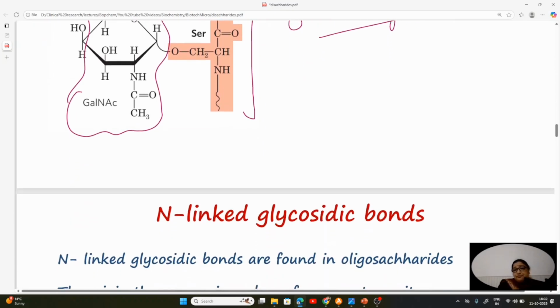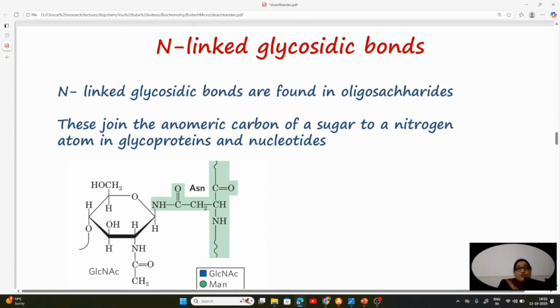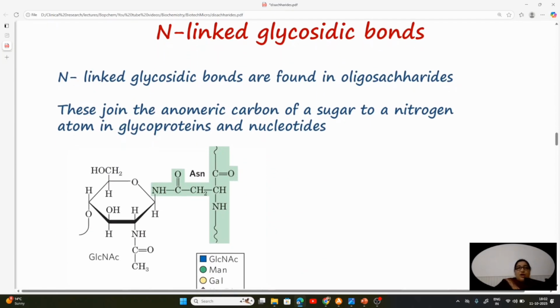All right. Now moving on to the N-glycosidic bonds. So usually the N-linked glycosidic bonds are formed in the oligosaccharides. So when these join the anomeric carbon of a sugar to nitrogen atom in glycoproteins, and this is also found in the nucleotide.